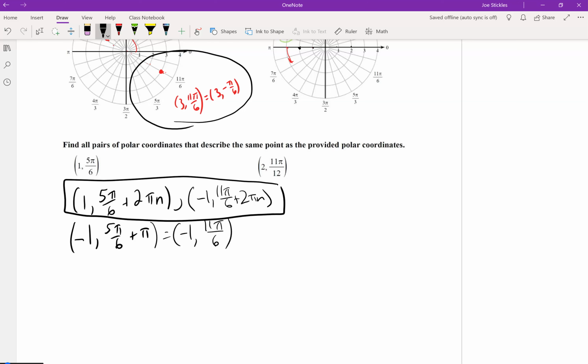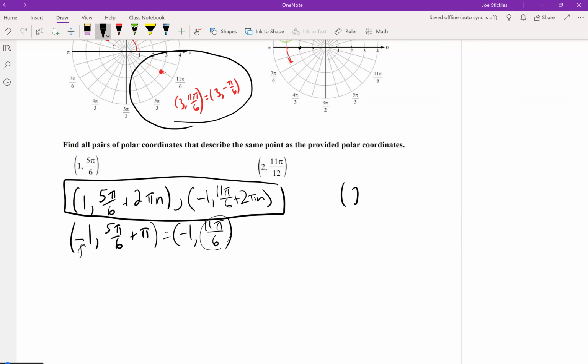I can either just take the original point and add multiples of 2 pi to the angle, or we can negate the r value, adjust the angle by adding or subtracting a pi, and then adding or subtracting multiples of 2 pi. So let's do the second one here.